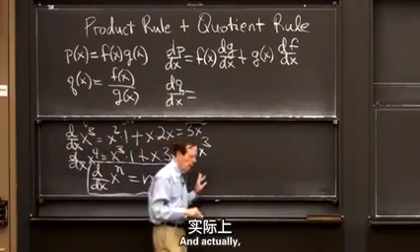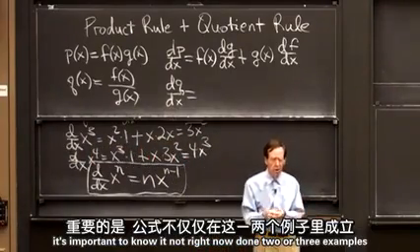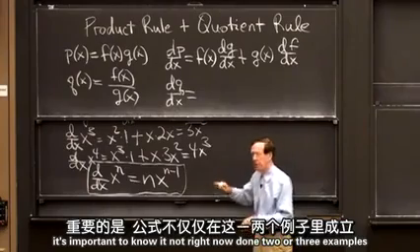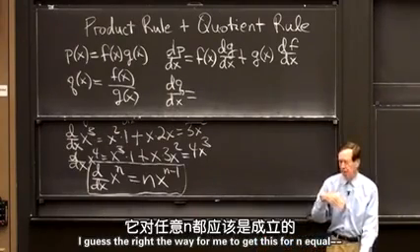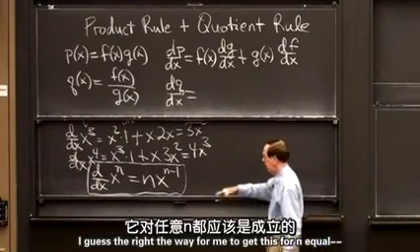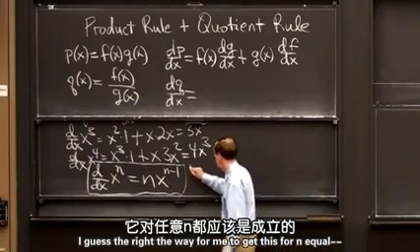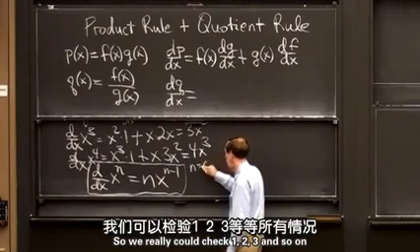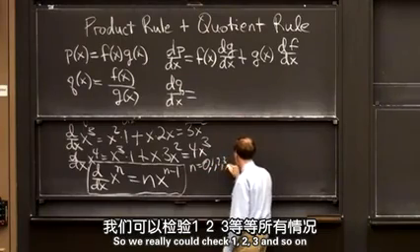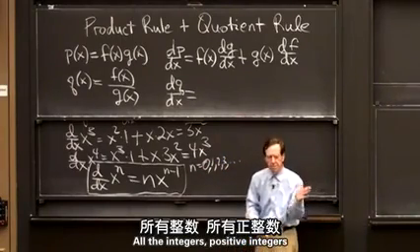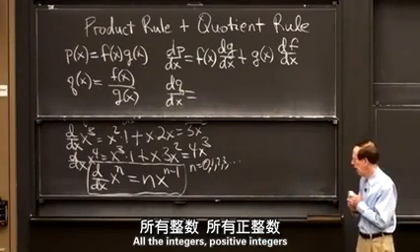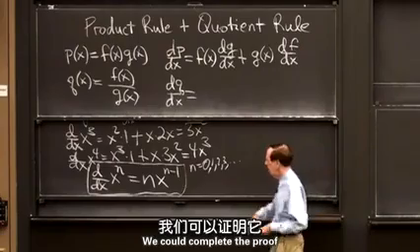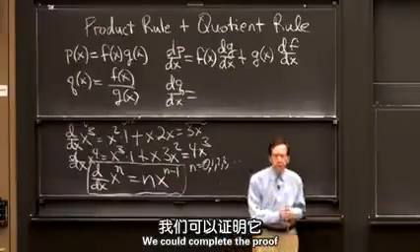And actually, it's important to know it, not right now. Well, we've done 2 or 3 examples. I guess the right way for me to get this for n equals 1, 2, 3, and so on, all the positive integers, we could complete the proof.